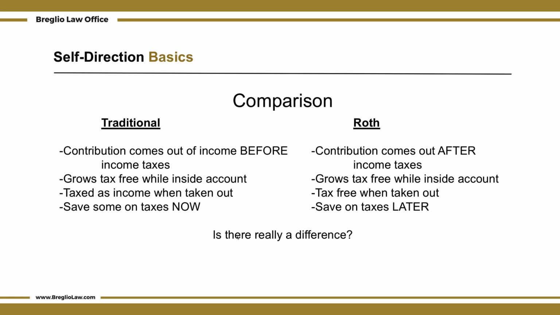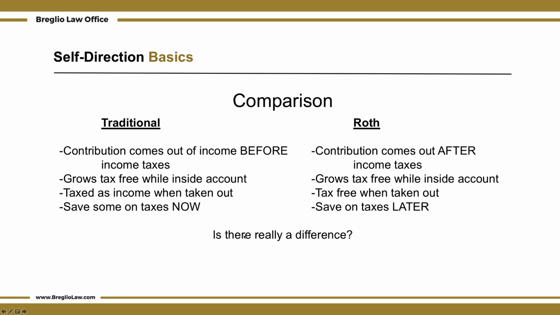But if you're in very, very high tax brackets now and you think your tax rates are going to be lower when you retire, then maybe you'd rather get the tax savings now when your tax rates are really high and then take out the money later when your tax rates are lower. But again, those are differences that you should discuss with a certified financial planner to make whatever decision works best for you. Okay, so that's your traditional and Roth.